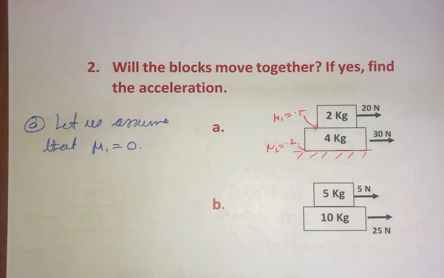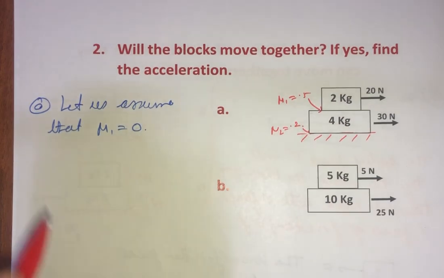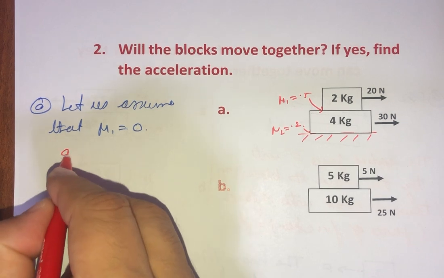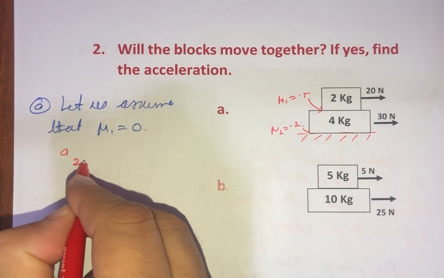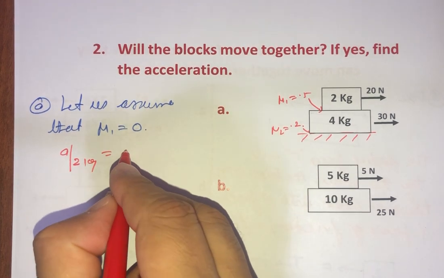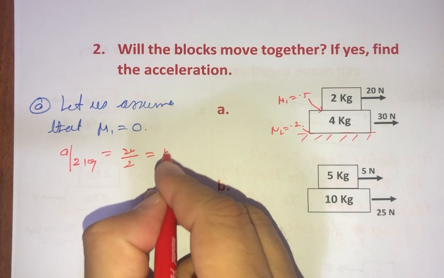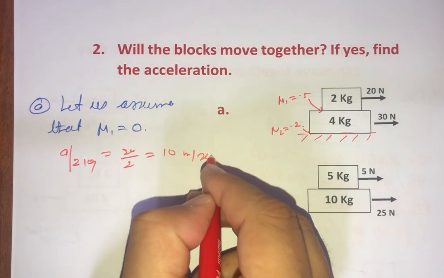If mu1 is equal to 0, then we can find out the separate acceleration of the 2 kg as well as the 4 kg block. So the acceleration of the 2 kg block is equal to the force of 20 Newton divided by 2, which comes as 10 meter per second square.